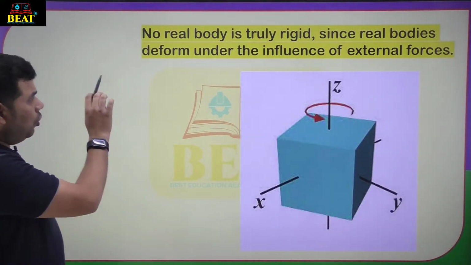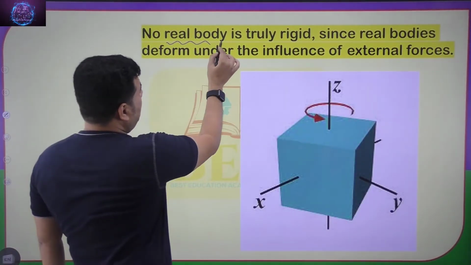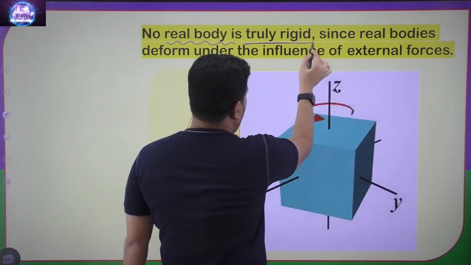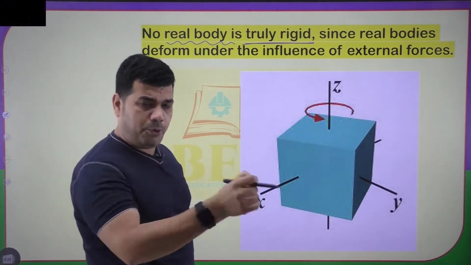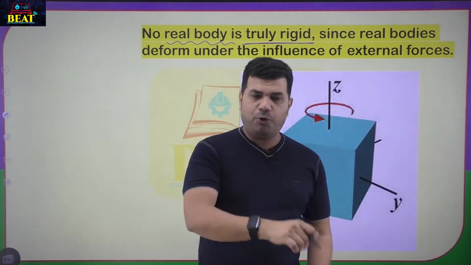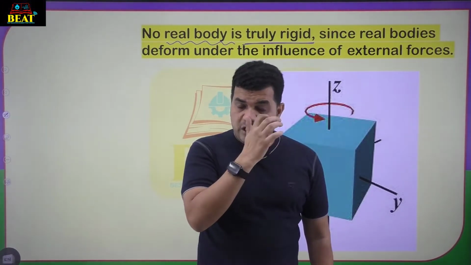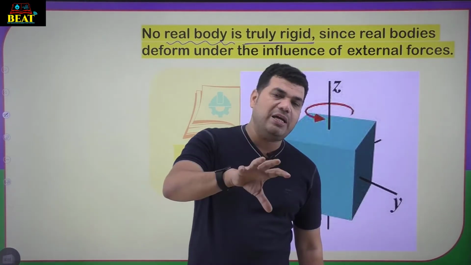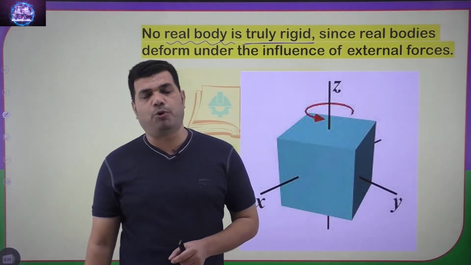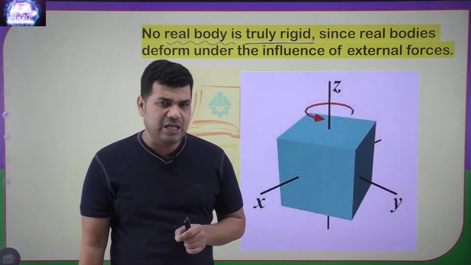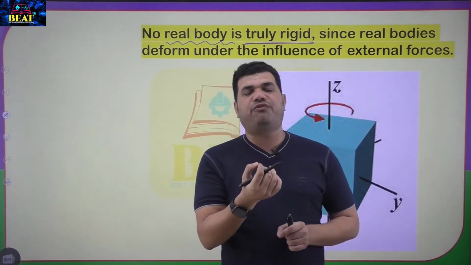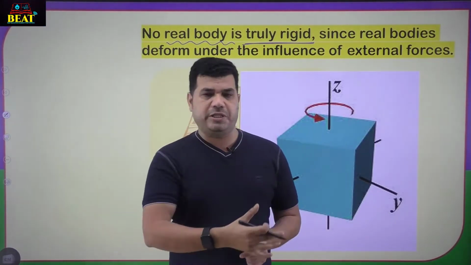Let's see. No real body is truly rigid. My dear students, a very important point, that no body is 100% rigid because a small degree of deformation is always there.